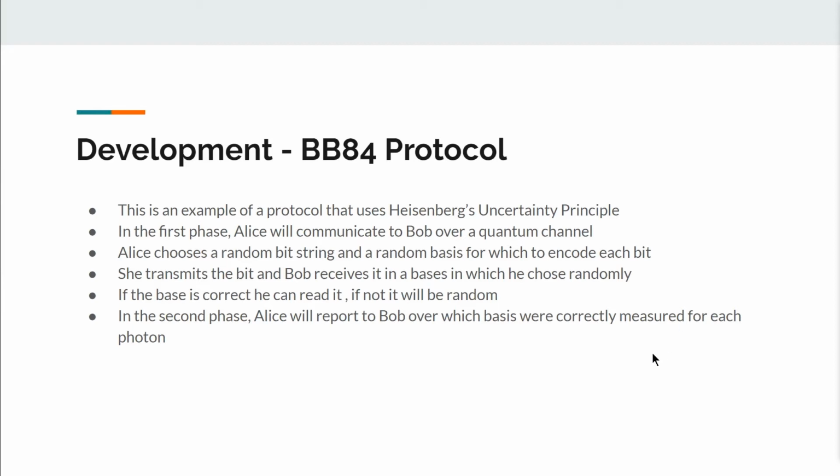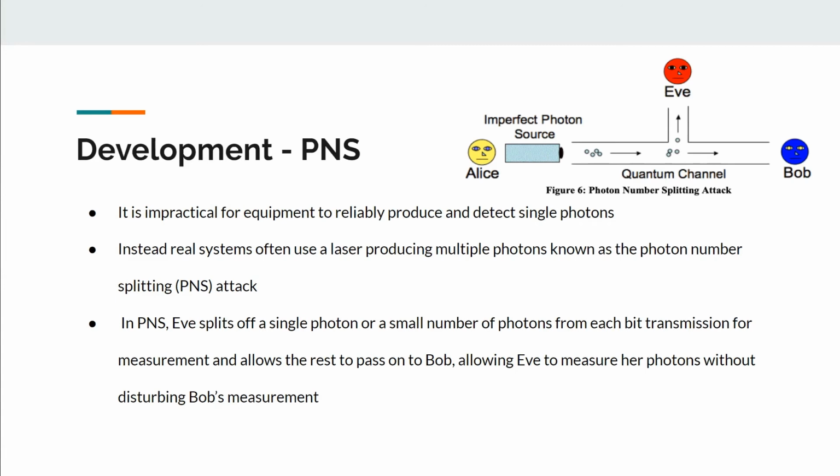I wanted to go over this first because this is one of the basic protocols and basic applications, but now we'll be going into the PNS attack, which actually uses equipment to function, which is pretty cool.